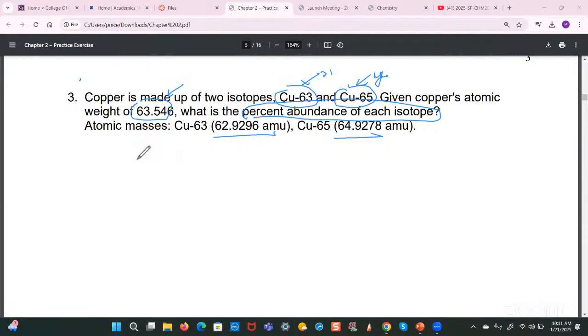So that means you take X times the mass here for copper 63, which is 62.9, plus the percent abundance Y multiplied by 64.9.